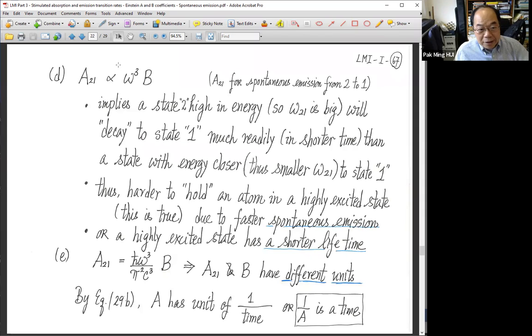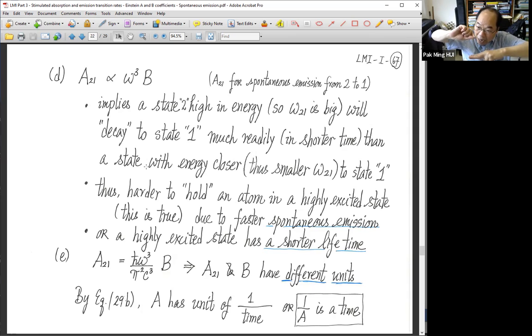Now, we already have a formula for that, and we know A now has an extra omega cubed factor. That is an important implication. This is the ground state, this is a first excited state, a second excited state, a third excited state, and so on. Let's say this state could decay to the ground state.